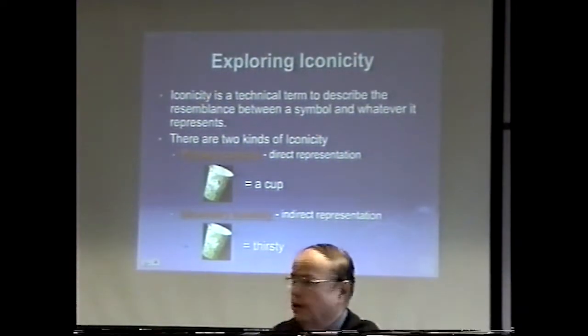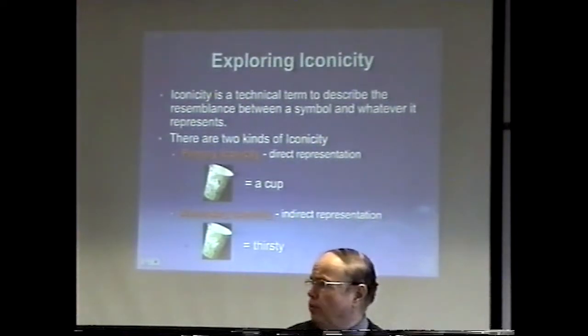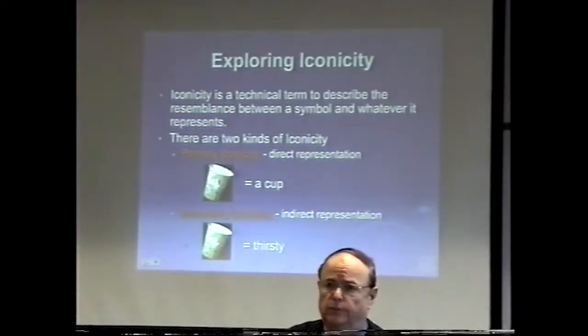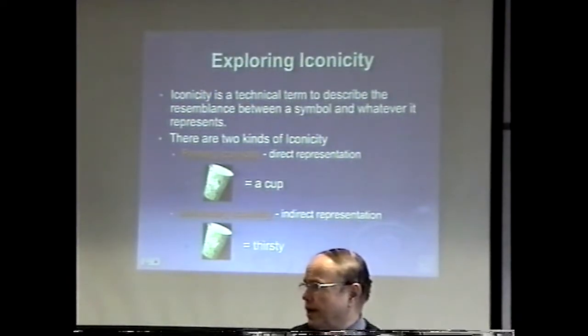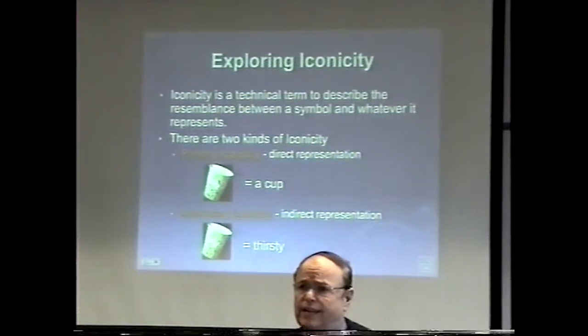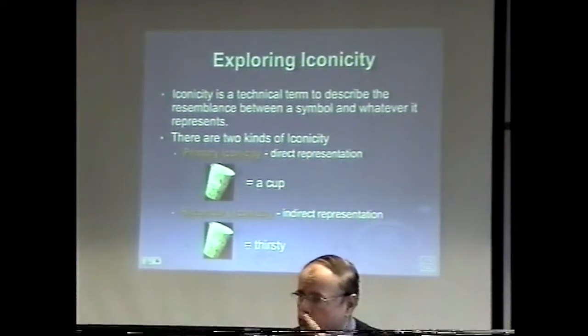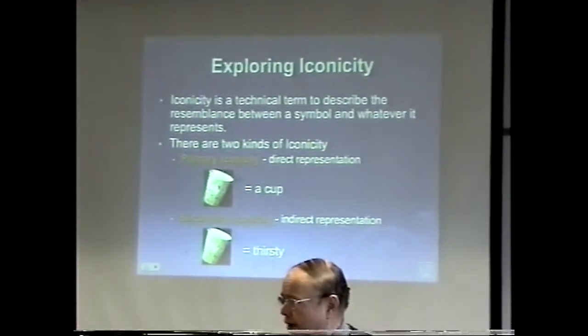A cup on a language board can mean cup. But if you went up to someone who was using a communication board and he or she hit cup, you'd be kind of a ninny to say cup, wouldn't you? You would say thirsty, spill, what's going on here? You want something to drink?